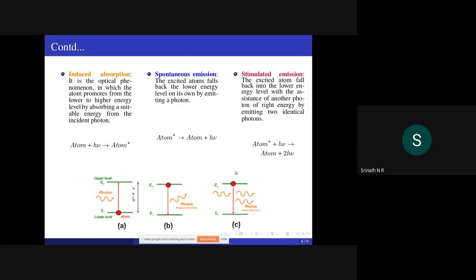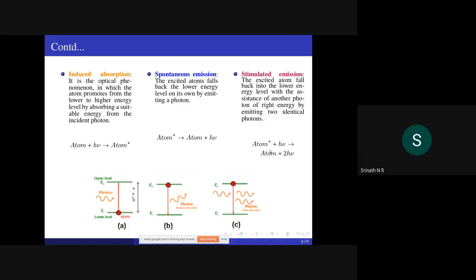Finally, the stimulated emission. In this case, the excited atom falls back into the lower energy level with the assistance of another photon of the same energy by emitting two identical photons.